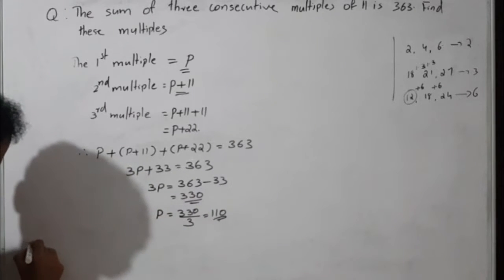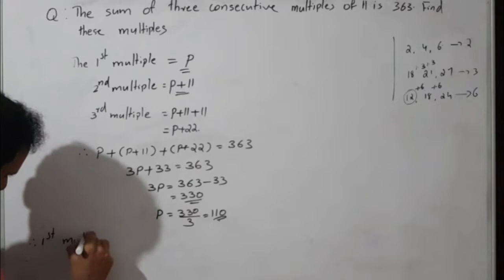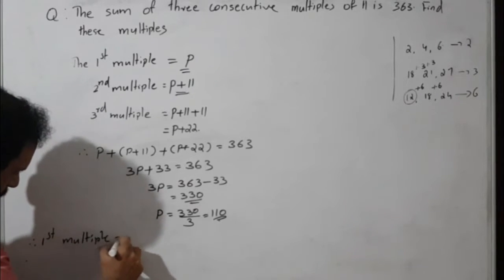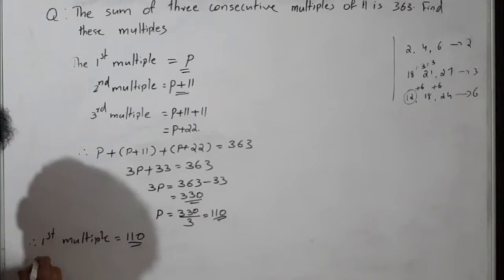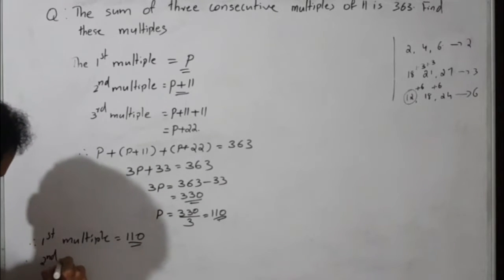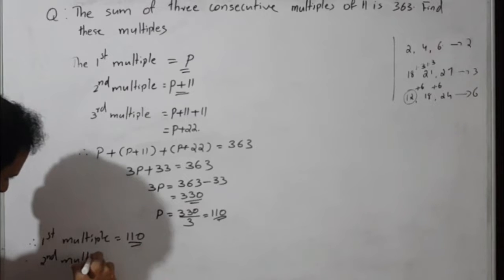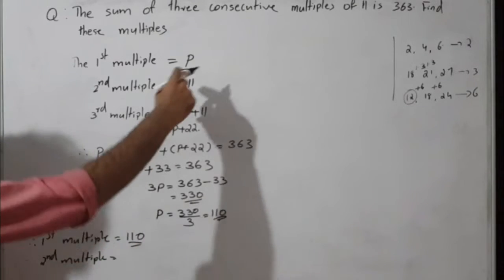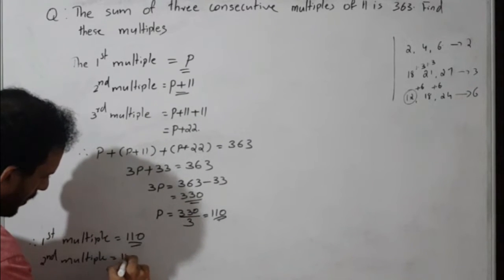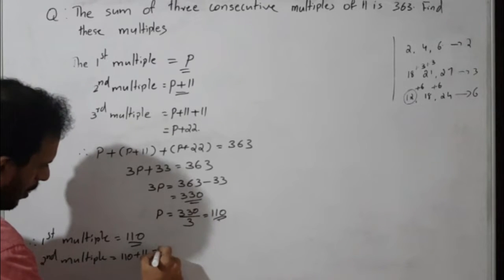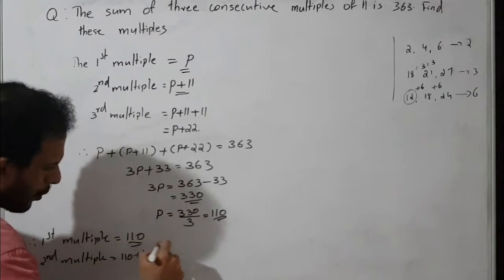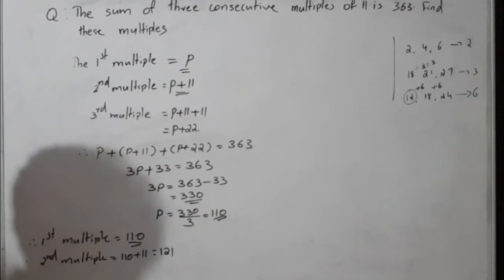Therefore, first multiple is equal to 110. Second multiple is equal to 110 plus 11. Then what do you get? 121. Correct? 121.